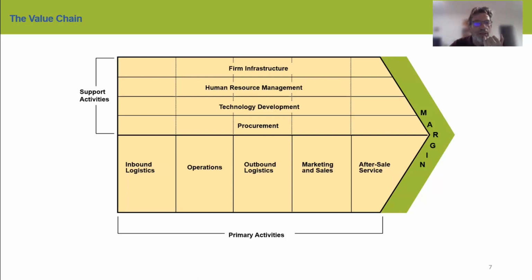We have to examine the value chain in the business strategy. So in the value chain, we see two parts. One is the support activity. So we need to discuss and elaborate a plan for the firm infrastructure, for the human resource management, technology development and procurement. These are the necessary support activities.